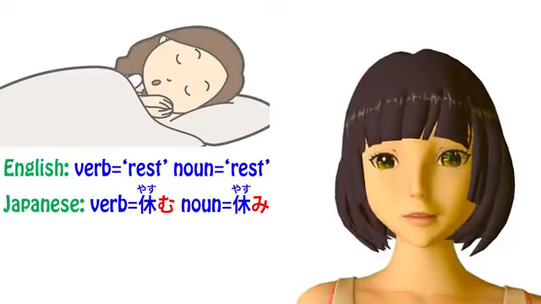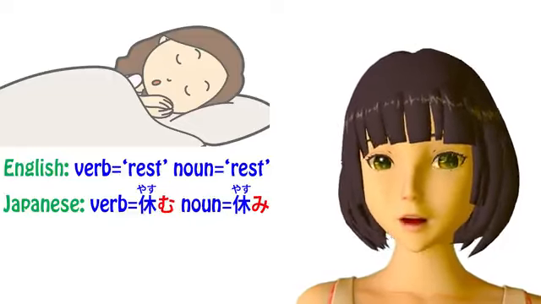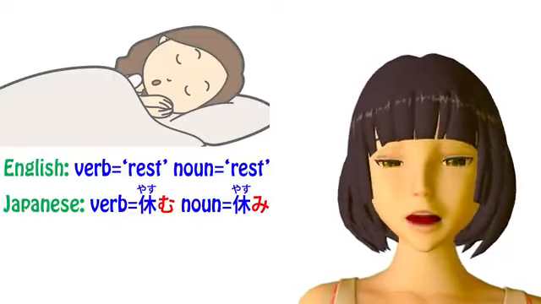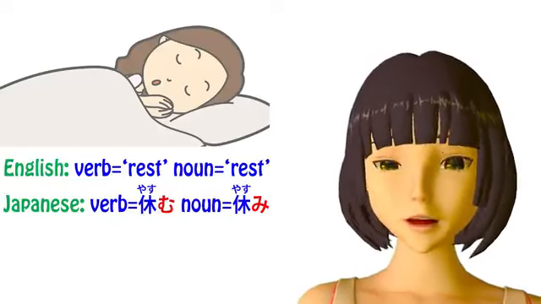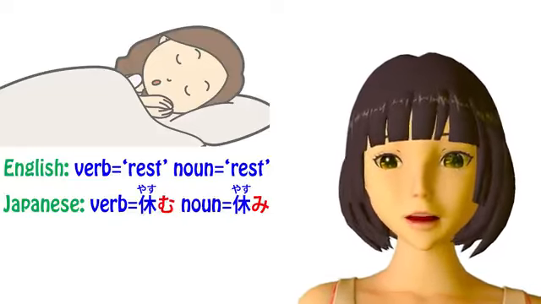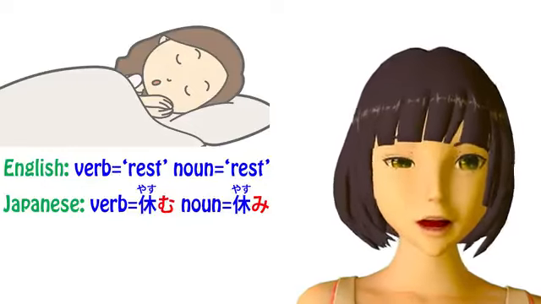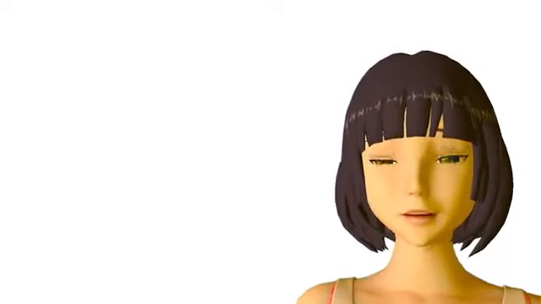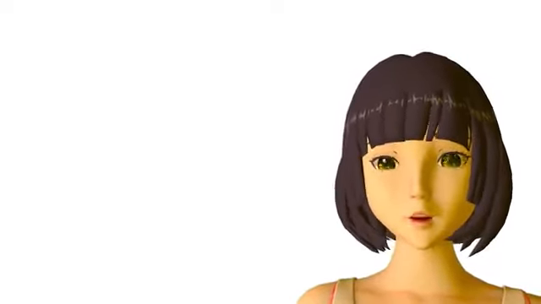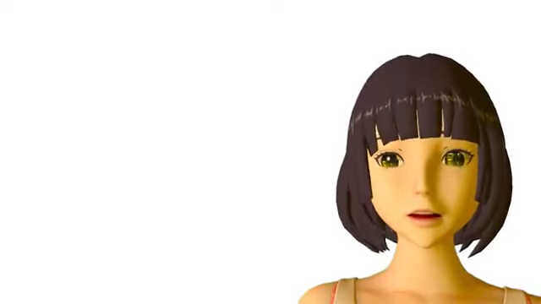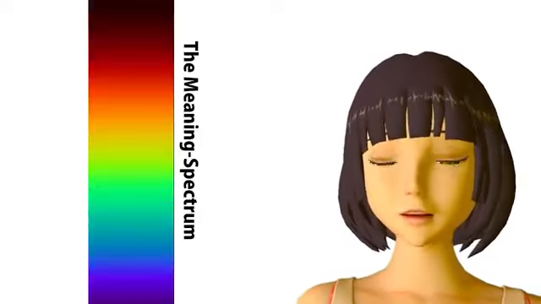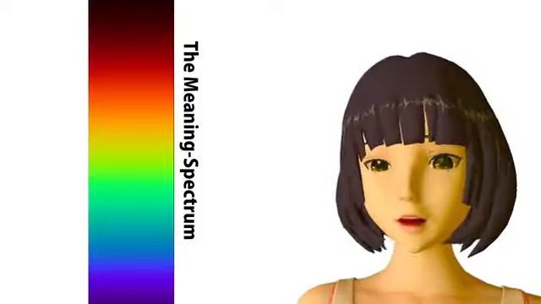And we use this both on its own and in compounds like natsu yasumi, which means summer vacation or summer break. We wouldn't call it the summer rest in English, but that's because, as we've discussed before, it's very rare for a Japanese word to cover exactly the same area of the meaning spectrum as an English word.